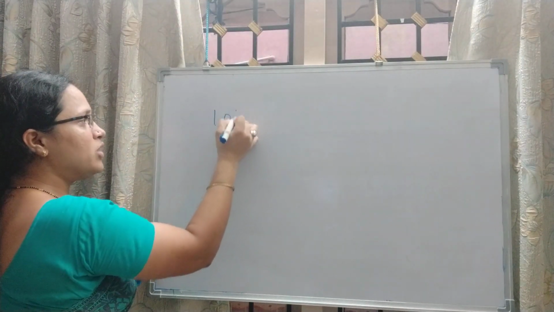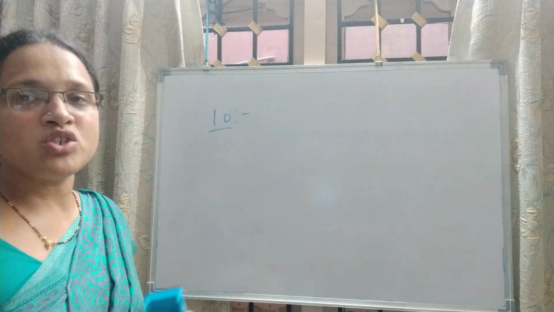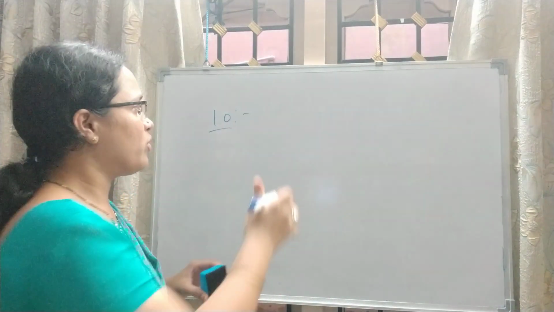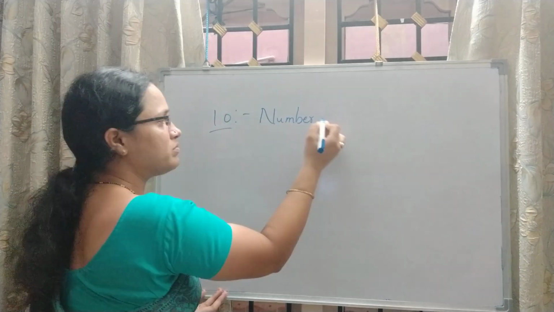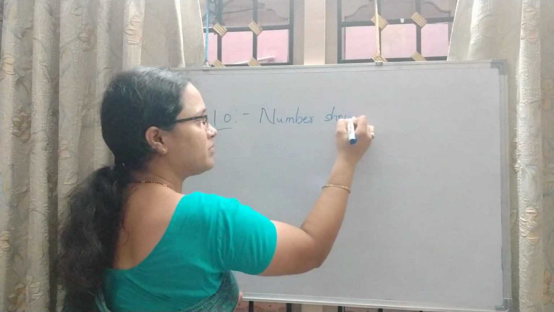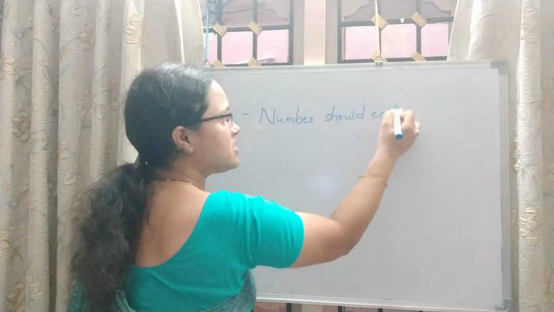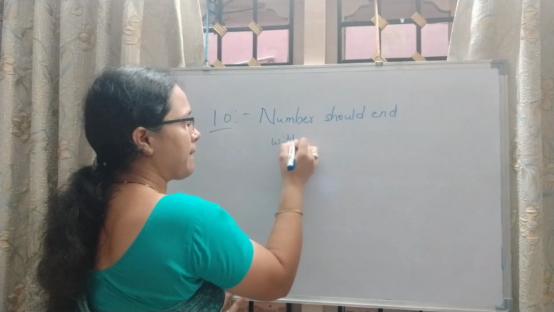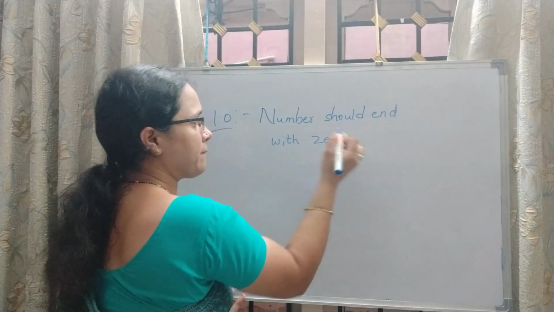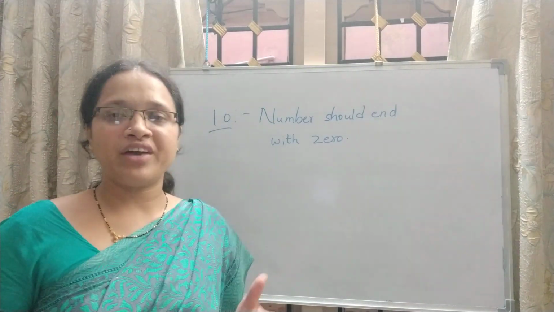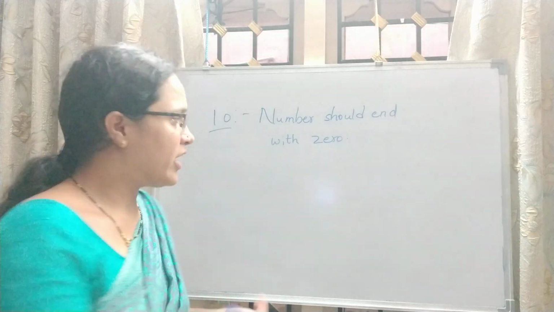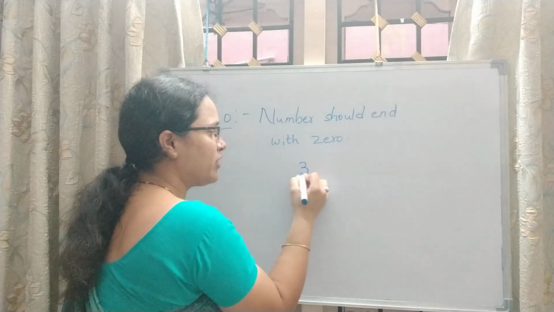When you go with the divisibility rule of 10, you all know that the number should always end with 0. Yes or no? So the number should end with 0. Suppose I take an example of 300.